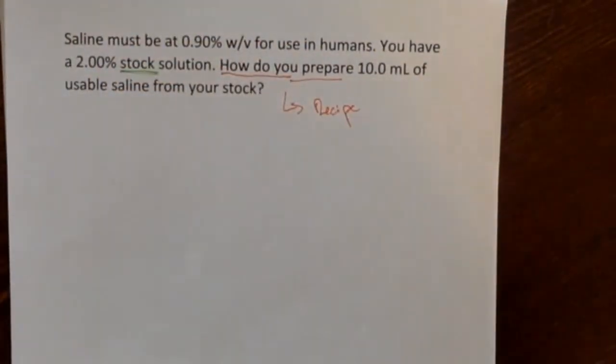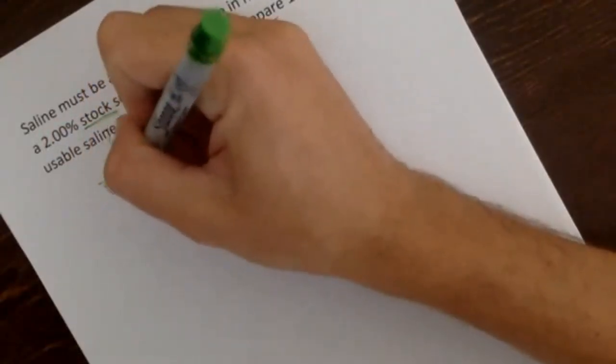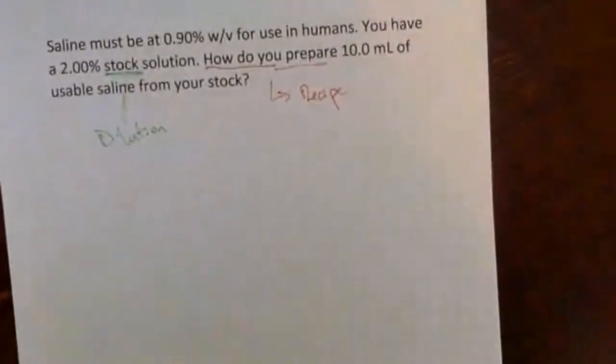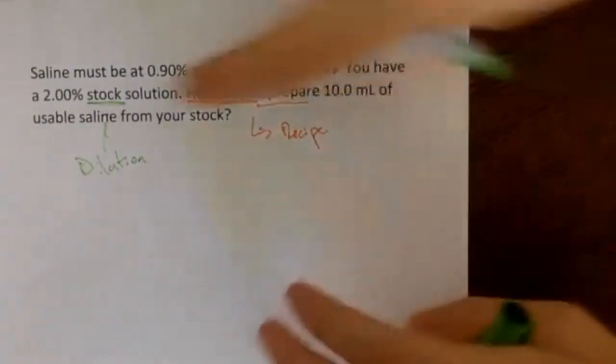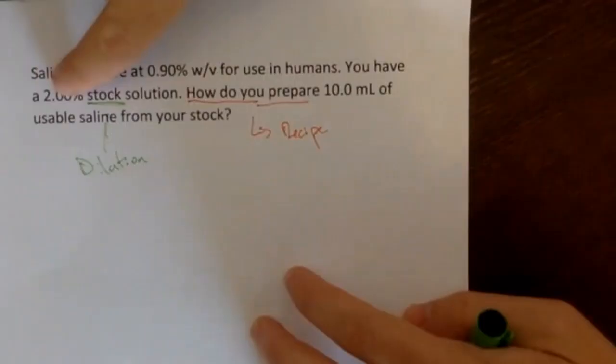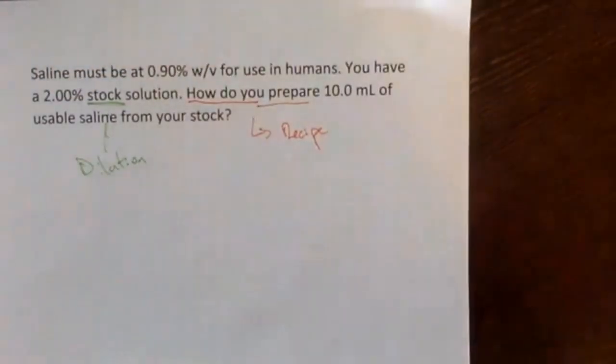So when we're given information on a stock solution, that is a good sign that we are going to be using dilution, that we have some sort of more concentrated solution that we're going to add additional solvent to, to produce a more dilute solution, our lower target concentration.